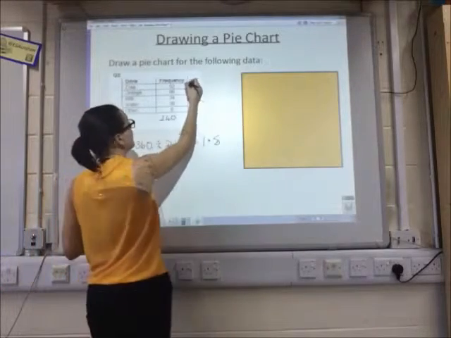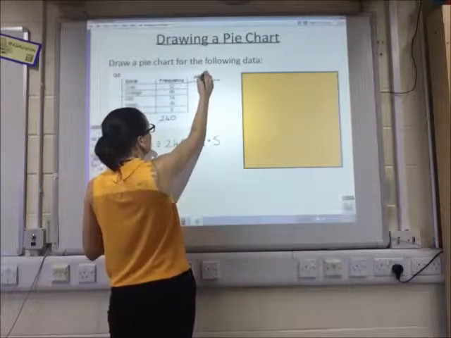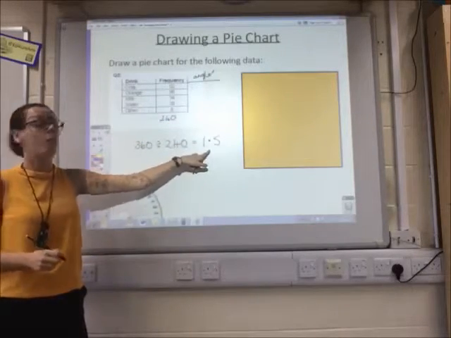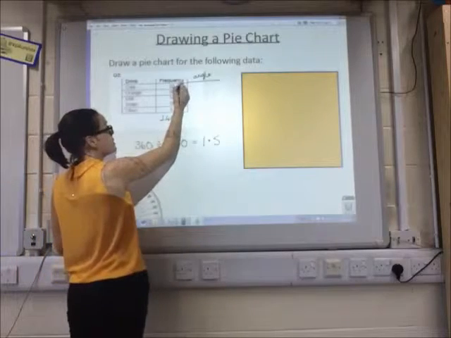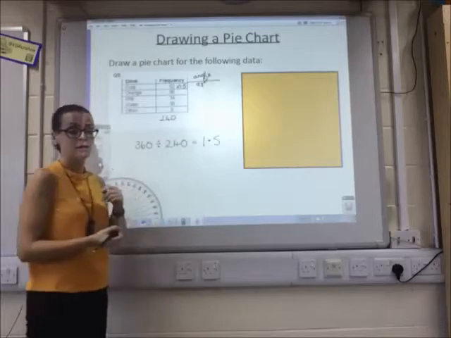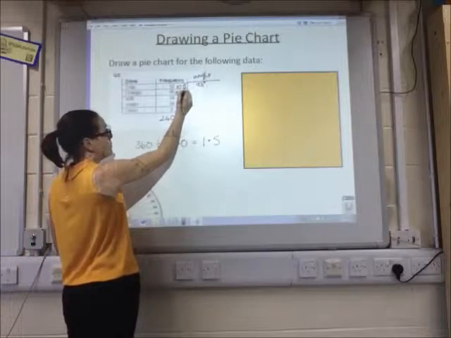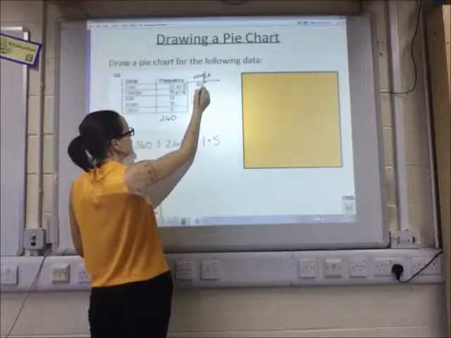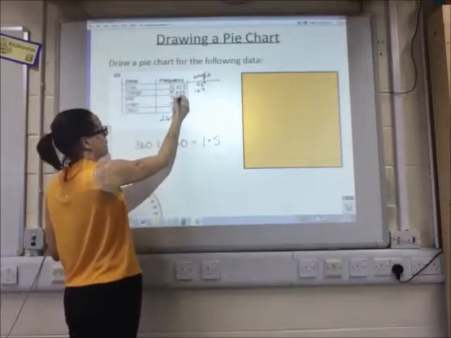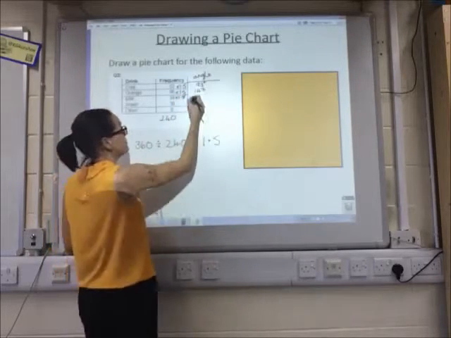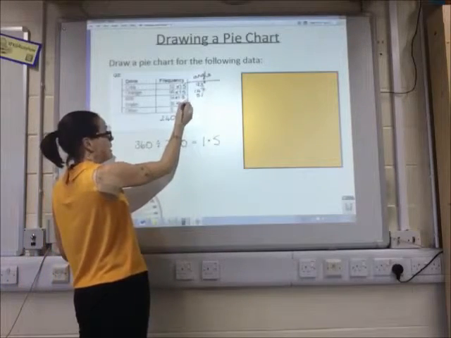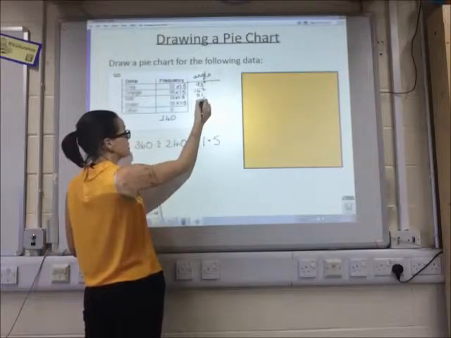So to work out the angle for each section of the pie chart, this time I'm going to multiply each of my frequencies by 1.5. So 62 times 1.5 gives me 93 degrees. 98 times 1.5 gives me 147 degrees. 34 times 1.5 gives me 51 degrees. 38 times 1.5 gives me 57 degrees.